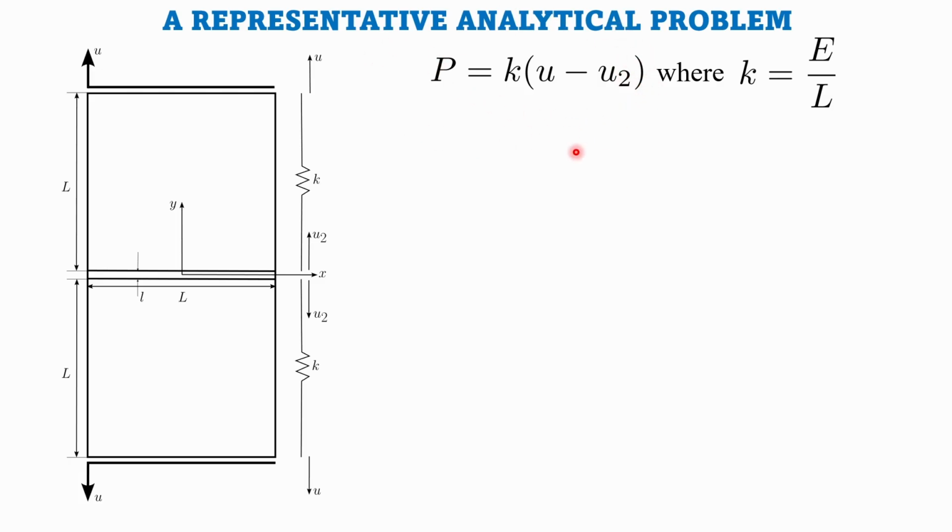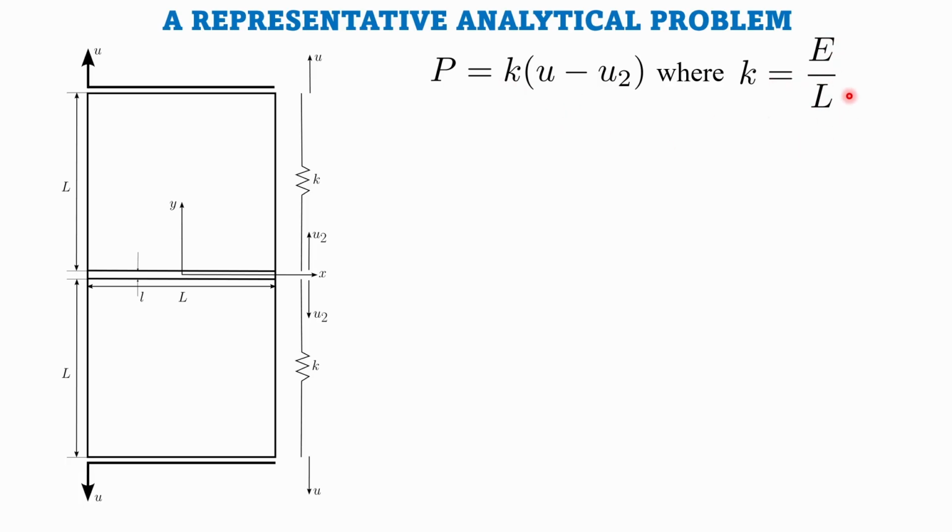P you can always derive from the applied displacement. K you know is E by L. So the unknown is U2. How do you solve for U2? U2 will be U minus P by K, where K is E by L.